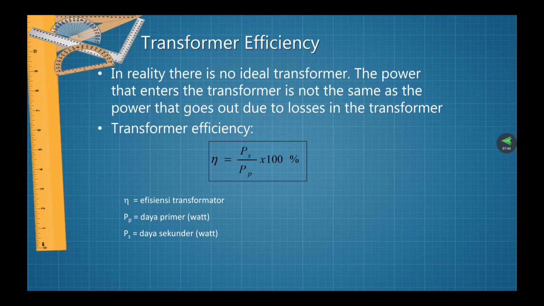The transformer efficiency is written as η = PS/PP × 100%, where η is the efficiency of the transformer, PS is the secondary power, and PP is the primary power, multiplied by 100%.